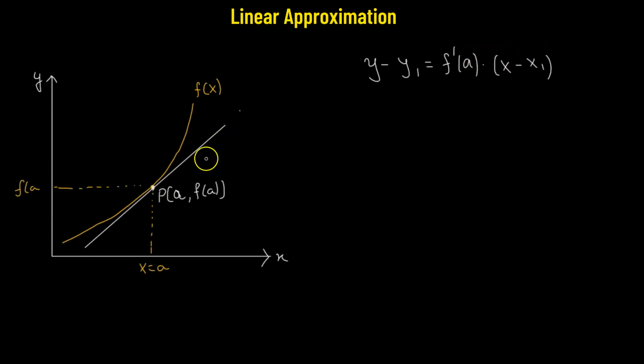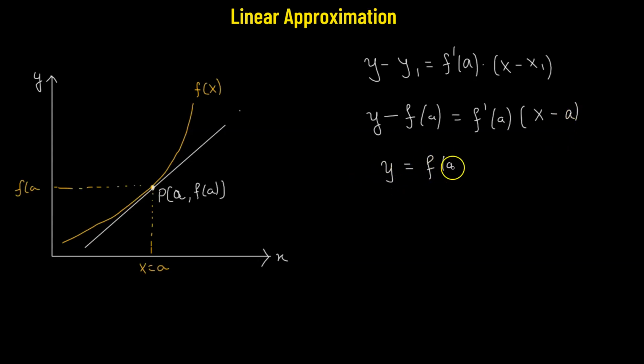Then from our particular diagram, the equation of the tangent line will be y minus f of a, where f of a corresponds to the y coordinate of the point P, equals the derivative of the curve calculated at the point x equals a times x minus a.